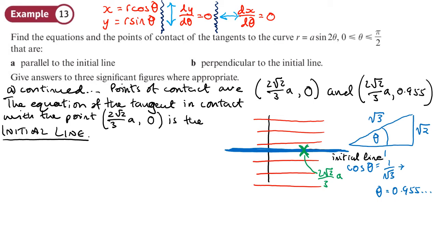So we need to do the second one, which is the other point of contact, which is this one here. So we want to find the equation of that tangent.